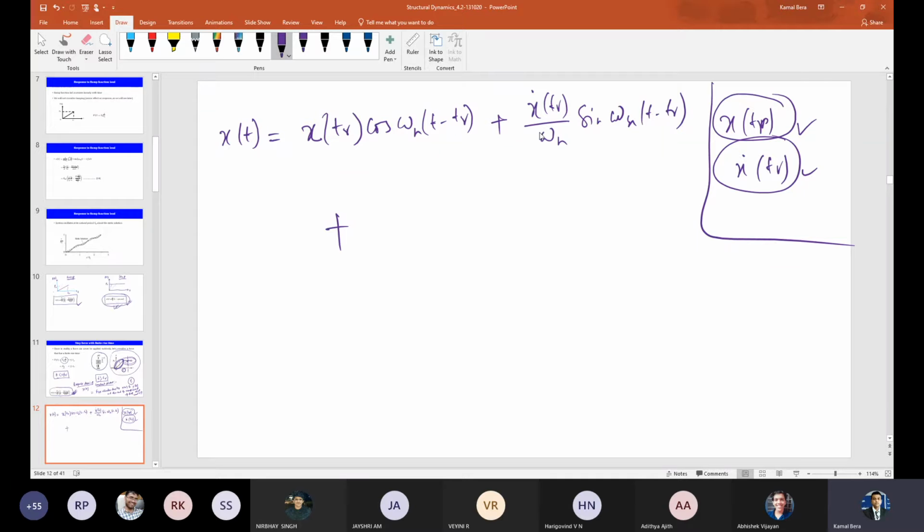Then plus due to the step load starting at t equal to tr. So what is that? Tell me. Delta static, that is P naught by k, correct, into 1 minus cos omega n (t minus tr).